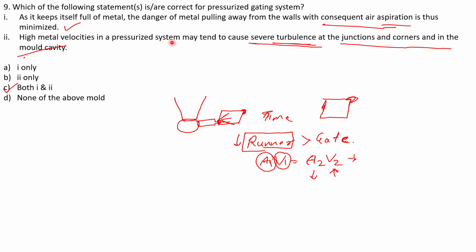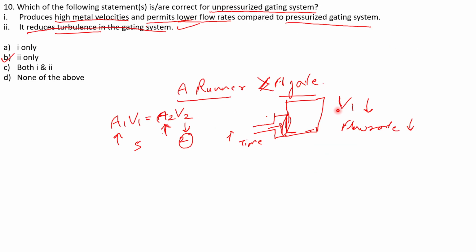And in a pressurized system, it will create severe turbulence, and it can erode the corner parts of your metal casting, and due to that sand may come into your metal casting and act as an impurity.